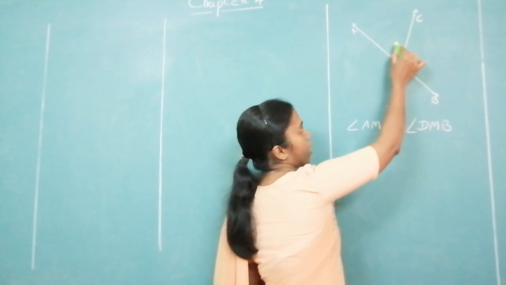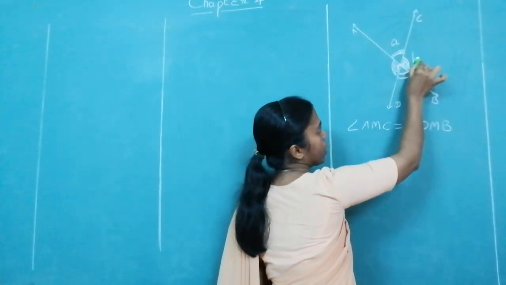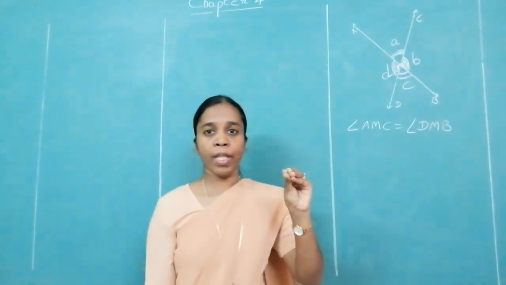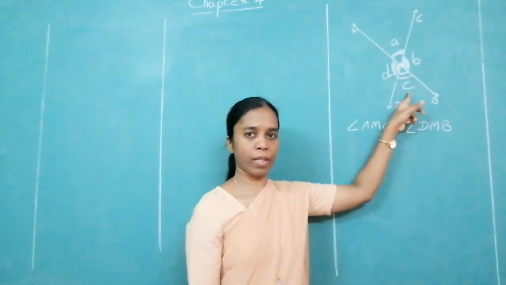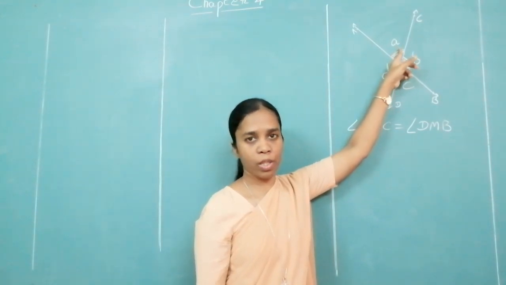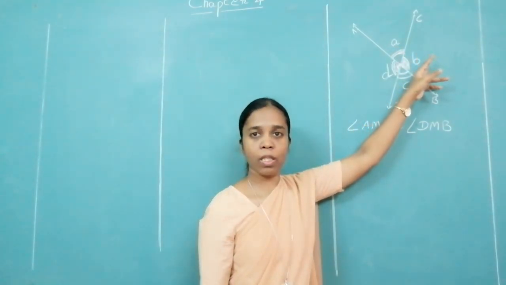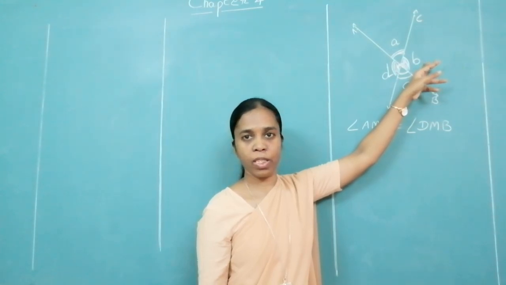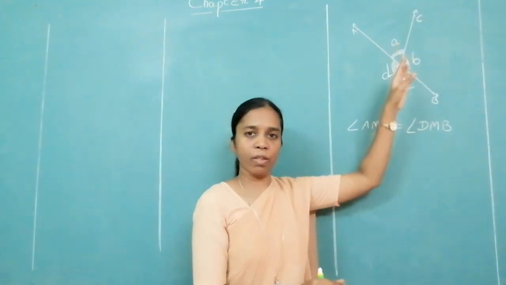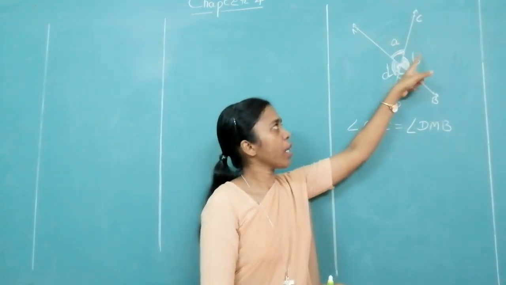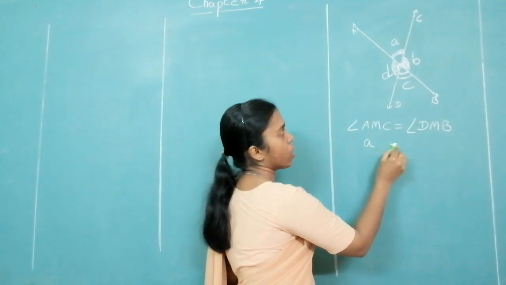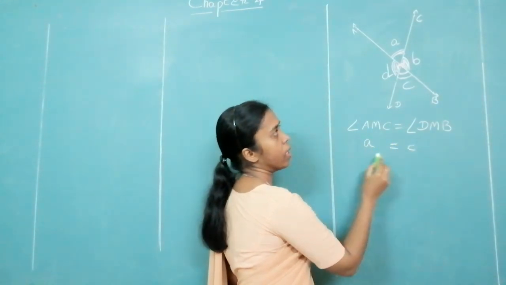Suppose I name these angles A, B, C and D, as the measures of the angles. A can be 30 degrees, 40 degrees, 50 degrees, whatever; this can be 60 or 70 degrees, whatever it may be. Since I am not putting a particular value, I am just putting it as a variable. And what are they telling me? They are saying A is equal to C.